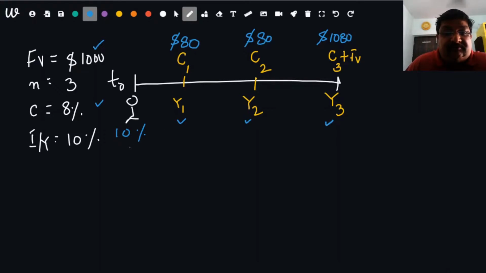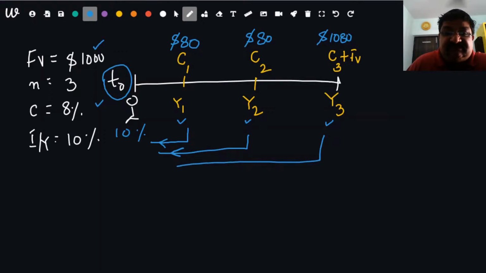Now you want to make an investment at this point in time, which is time 0, and you want to decide what is the best possible price that you're willing to pay for the bond. The estimated cash flows are 1 year, 2 years and 3 years down the line. So for you to make an informed decision, you will have to pull back these cash flows in time. So the first year cash flow you will pull back by 1 year, the second year cash flow by 2 years, and the third year cash flow by 3 years.